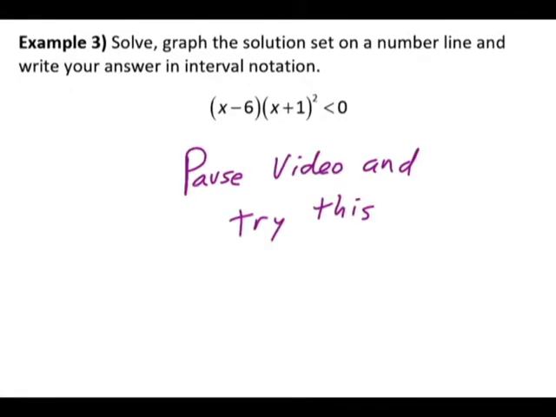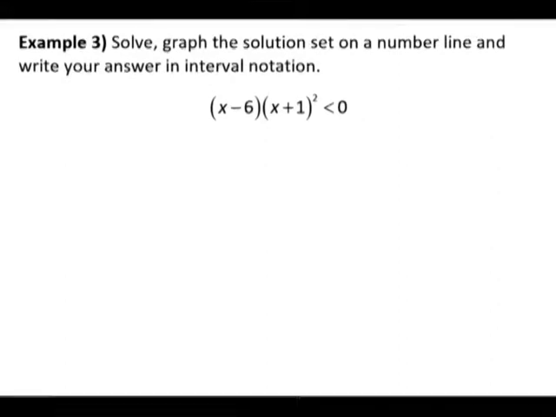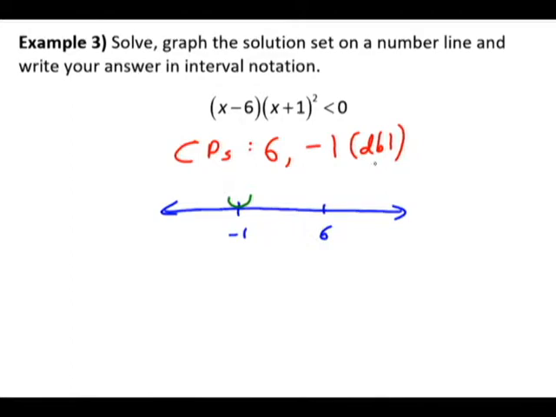Here's my solution. Recall that a double root indicates a parabolic bounce if we're going to be sketching it. We're not, but it's a good way to help remember the shortcut when we see it.